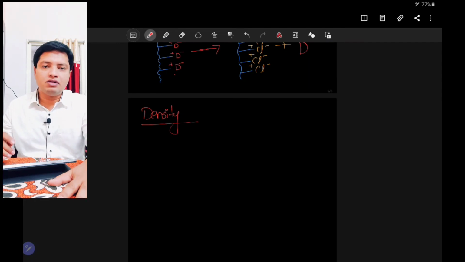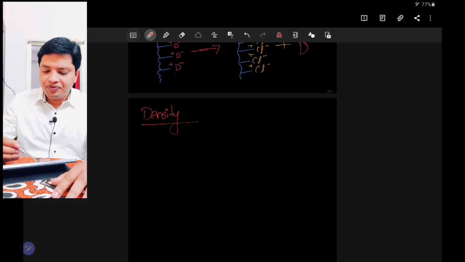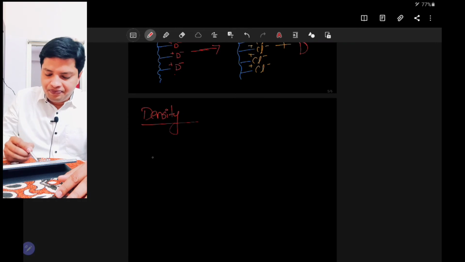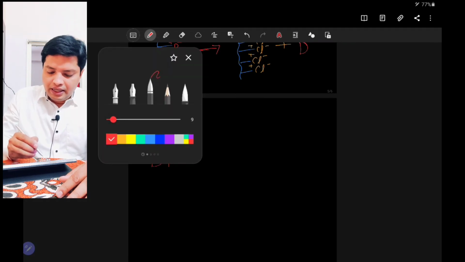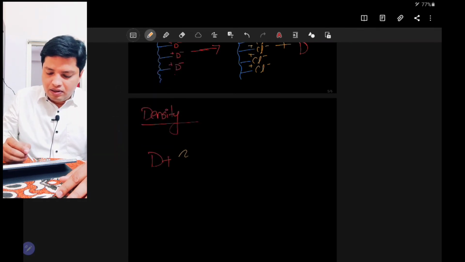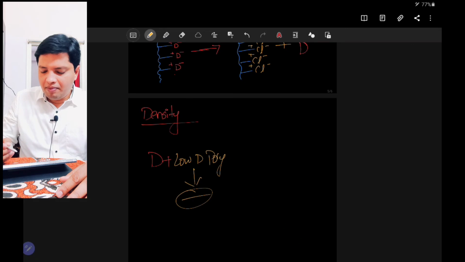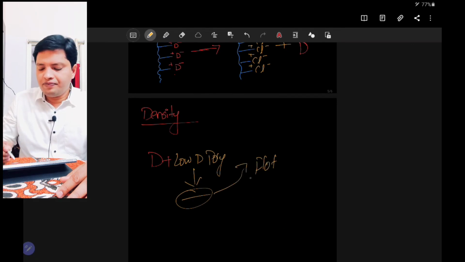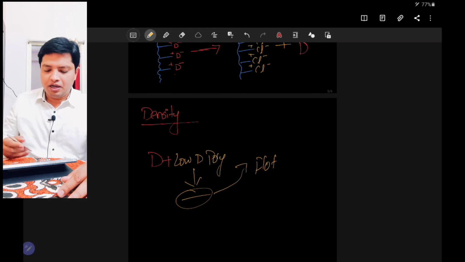If you want your drug delivery system to be retained in the stomach only, what we can do is take a drug, take a low density polymer, combine them, and form a tablet. Now this tablet will float in the stomach.